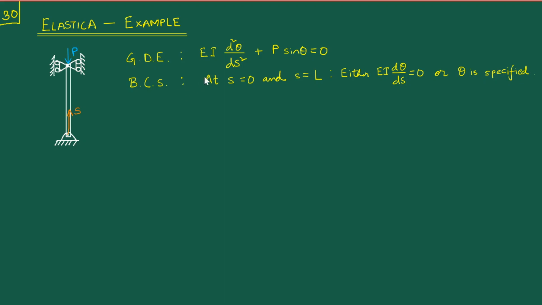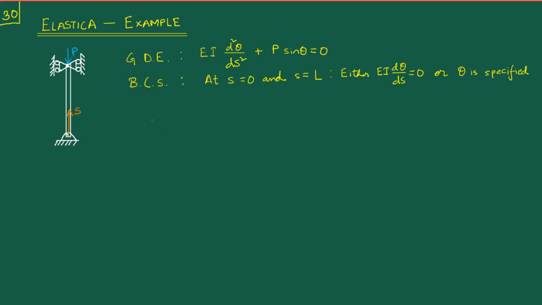The first challenge is that this governing differential equation has a derivative term that is certainly linear, but we do have a nonlinearity through the sine theta term, and that is going to throw up a good challenge in front of us, but we'll deal with it immediately.